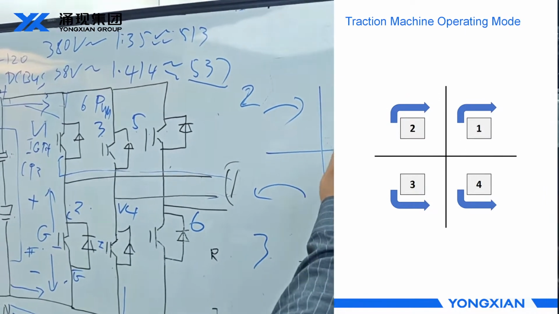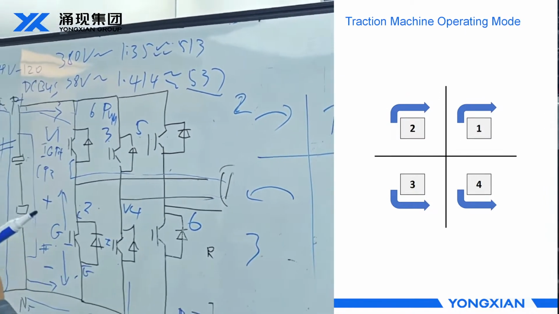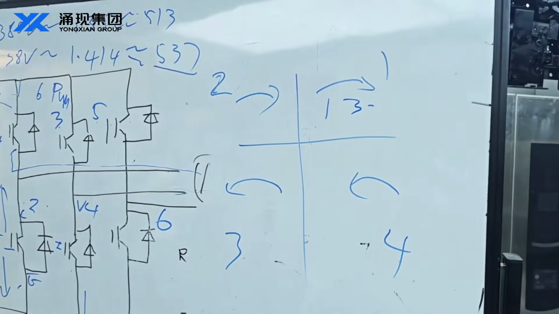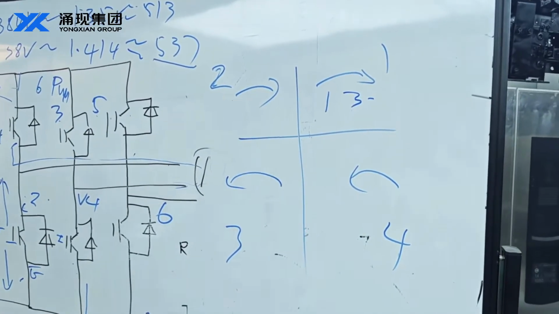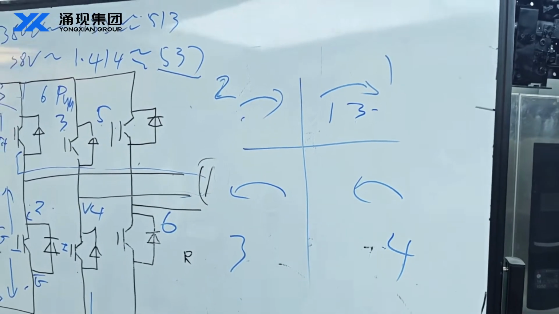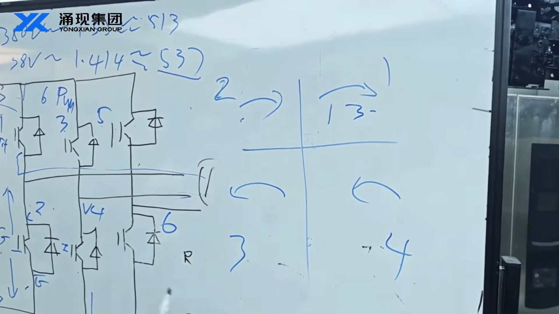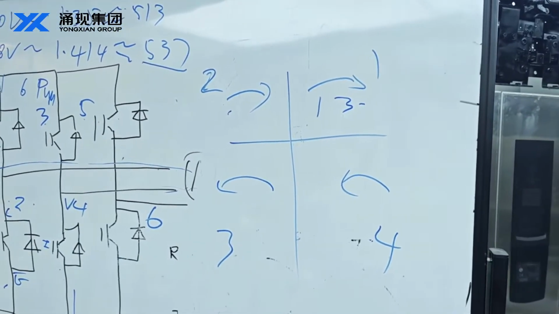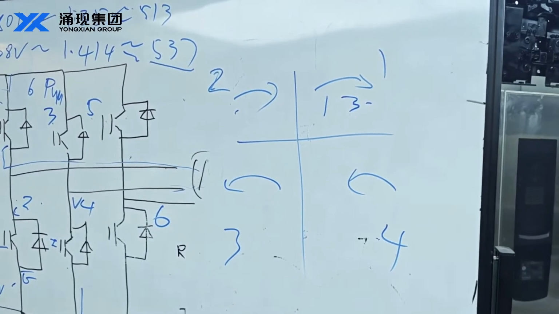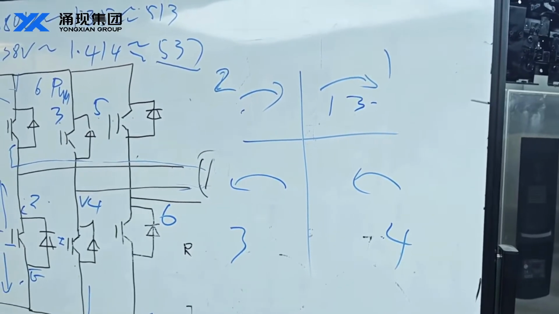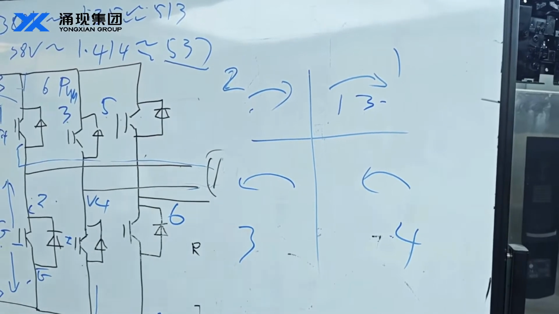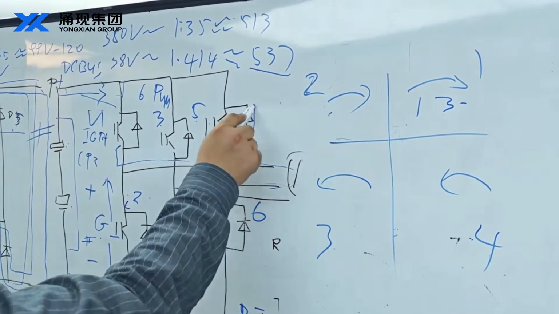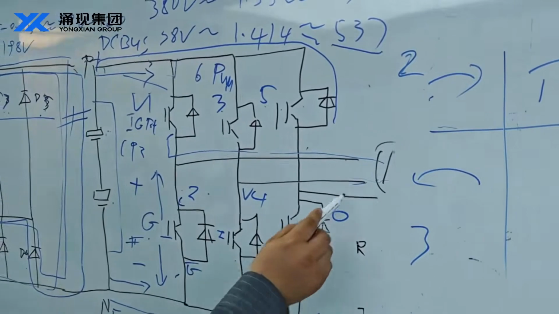So quadrants 1 and 3 are our motor drive, forward and reverse. In quadrants 2 and 4, during inertial braking and deceleration, the motor is in a power generation state.